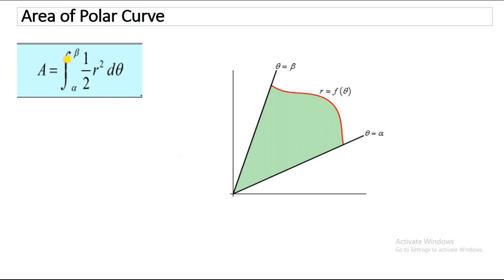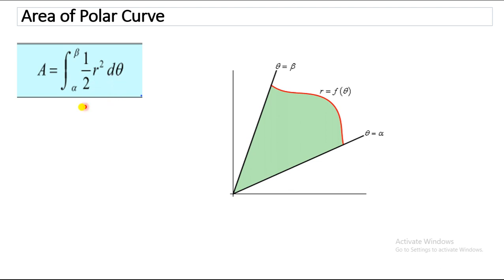Area of polar curve. If there is a curve r equal f of theta from theta equal alpha until theta equal beta, then the area under the curve r equal f of theta is area equal integration from theta equal alpha until theta equal beta of half r square d theta.